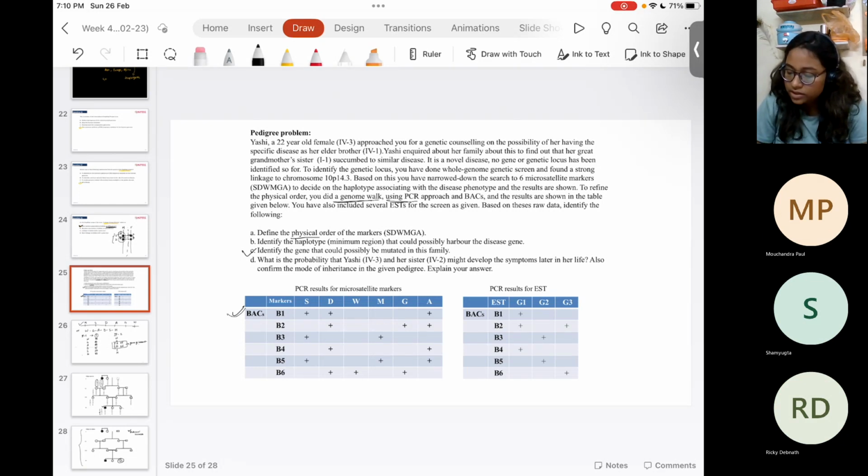So for identifying the gene, you will be using the second table, where the PCR results for expression sequence tags are given. What are expression sequence tags? These are basically the probes for each of the genes, G1, G2, and G3. And they are trying to check whether these probes are present in these bags, B1, B2, B3.